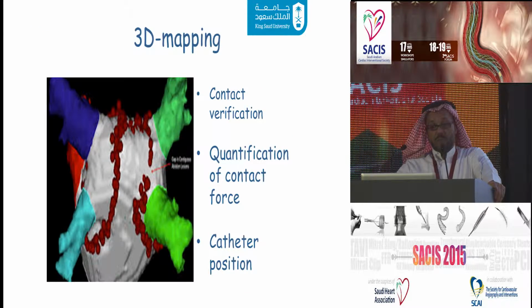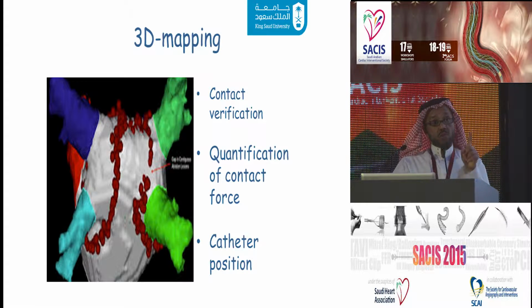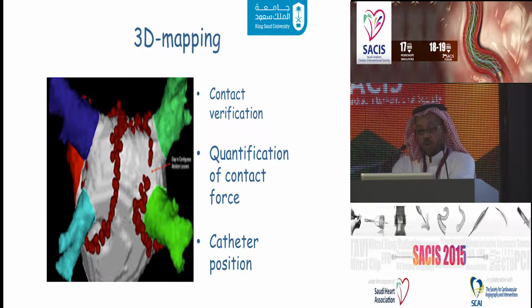So using 3D mapping technology, now you can be sure that you're in good contact with the tissue. When you make a lesion, you can put a red spot there and tag it, as we call it. You tag a lesion there, and you don't leave a gap. Without this technology, you won't be able to know whether you did a good job or not. 3D mapping was very helpful. It verifies the contact. The catheter talks to us.